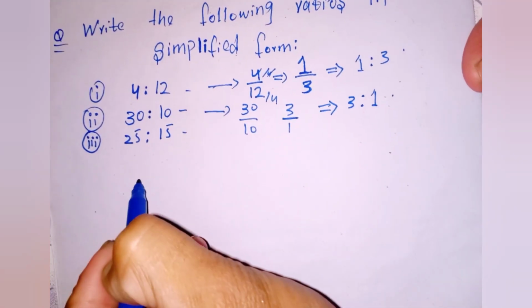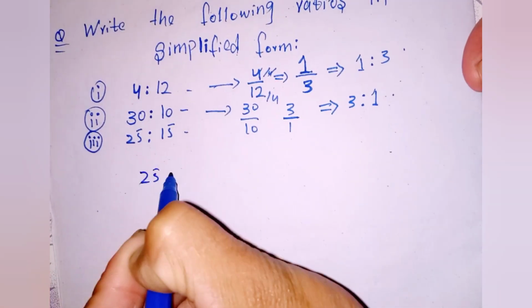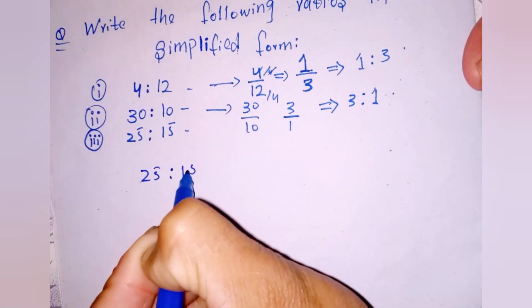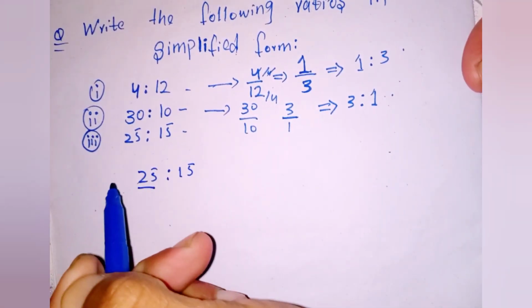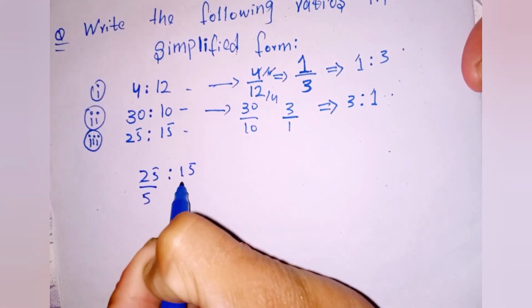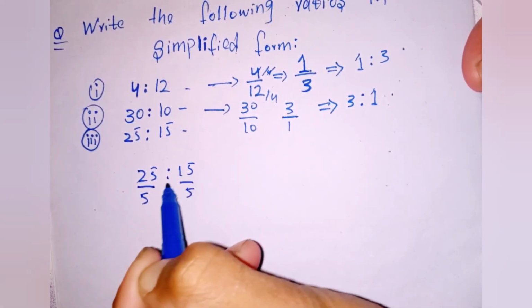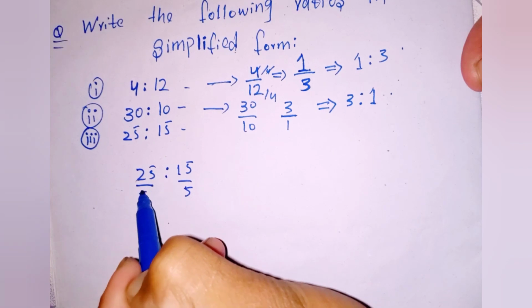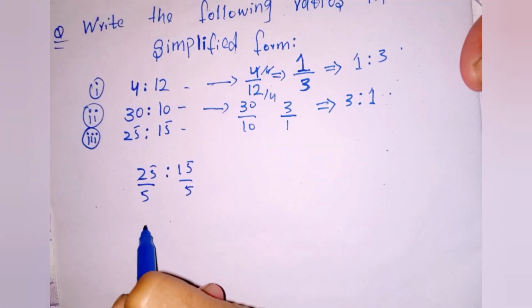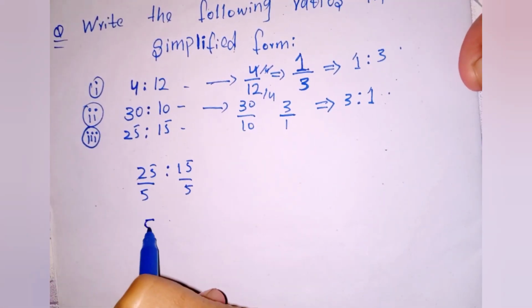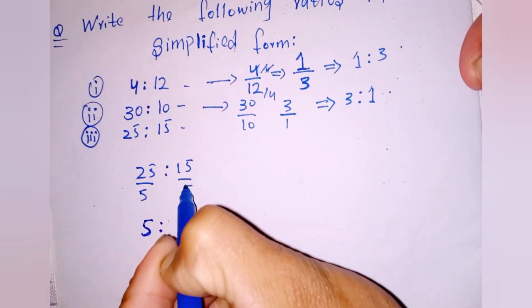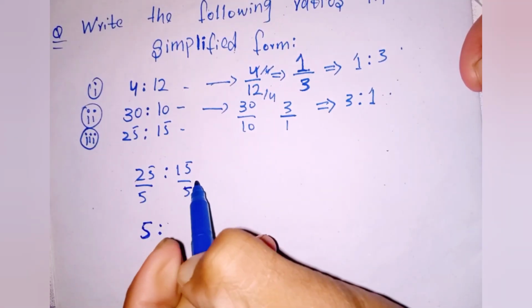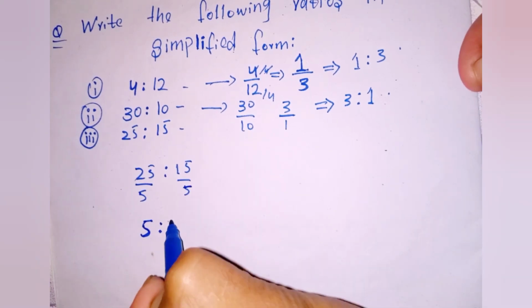Now the last one is 25 ratio 15. We can simply divide here by 5 and 5 here as well. If we divide 25 by 5, we get 5, because 5 times 5 is 25. And if we divide 15 by 5, we get 3.